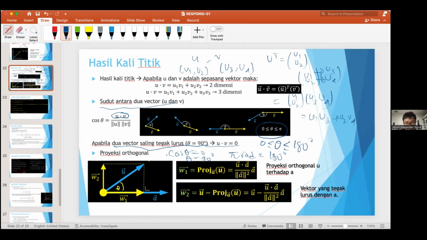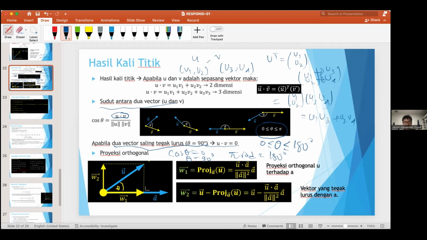And the next thing that we should do is what we call the orthogonal projection. There are two types. If you look at this diagram here, you will see two new vectors, W2 and W1. Let's say we have two vectors, a vector u and a vector a. W1 is the orthogonal projection of u towards a.